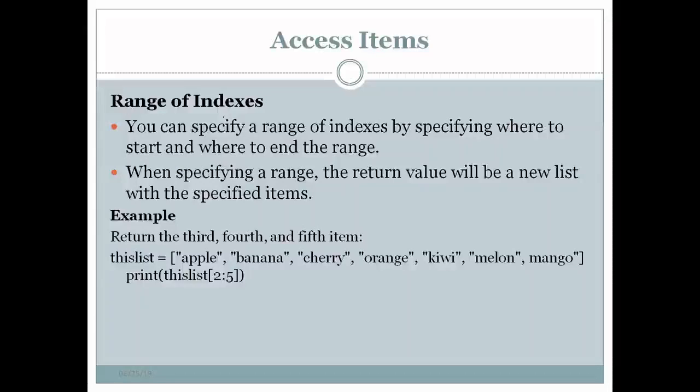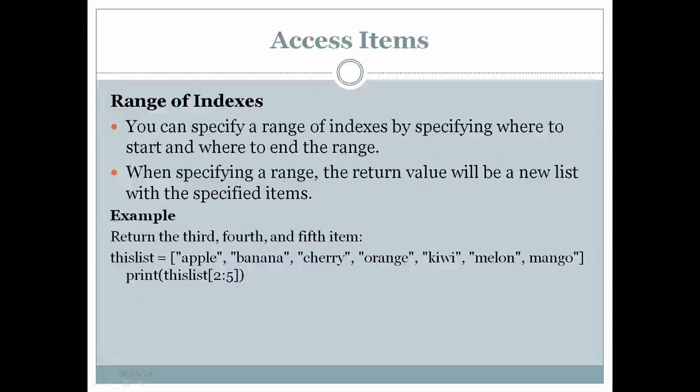That means we can specify starting index and ending index, and we can print all the items in between the start and end. So like we did for strings slicing, similar thing can also be done with list. You can specify a range of indexes by specifying where to start and where to end.